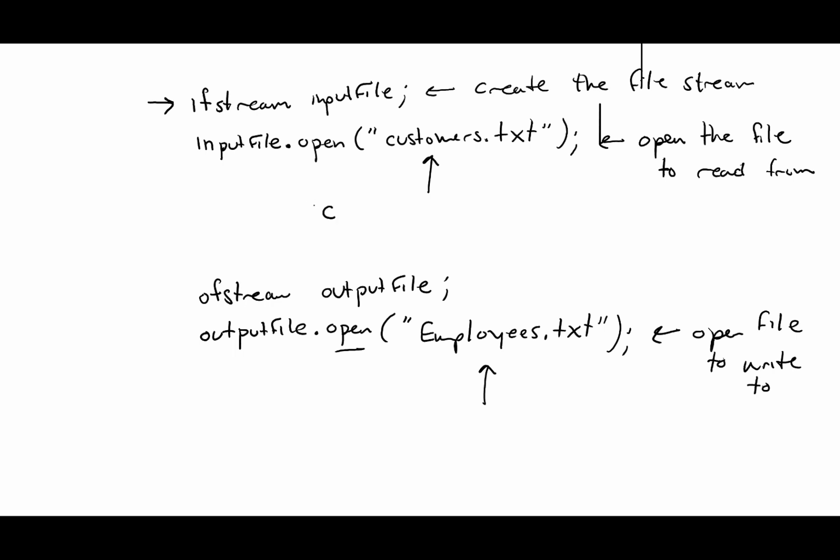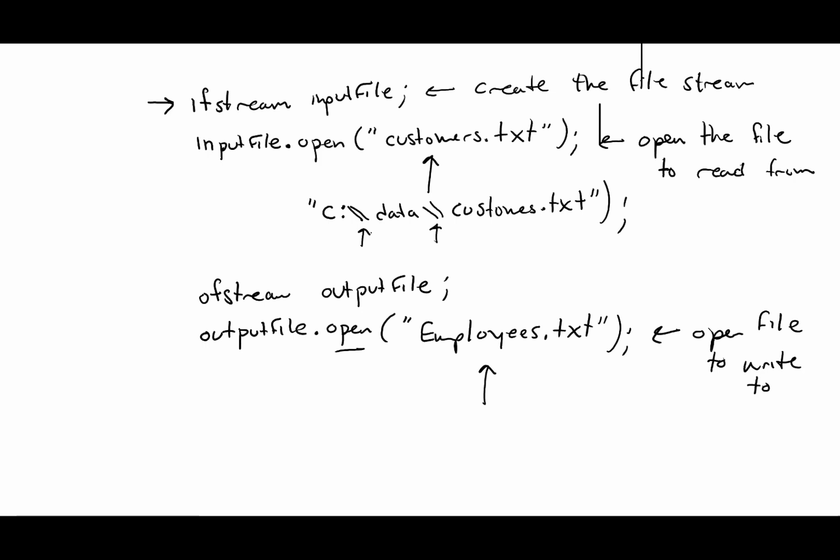So you would have, let's say it's on the C drive, and then in a folder called data, and the file is still customers. So we need these double slashes here. Double backslash represents one backslash in a string literal. So if you only put in one backslash, it's not going to go to your directory.